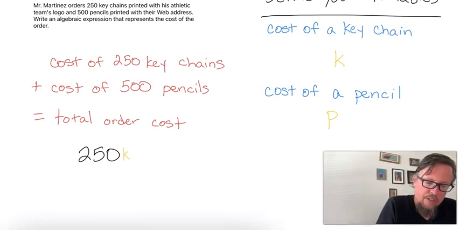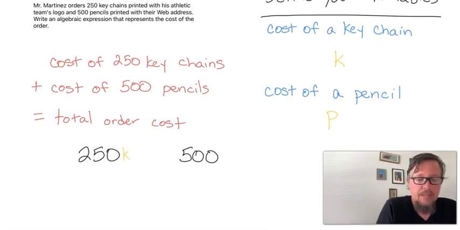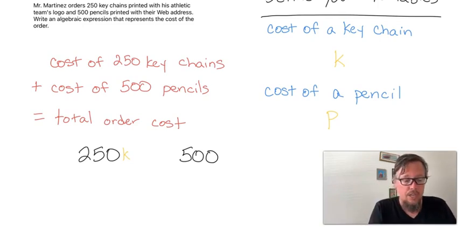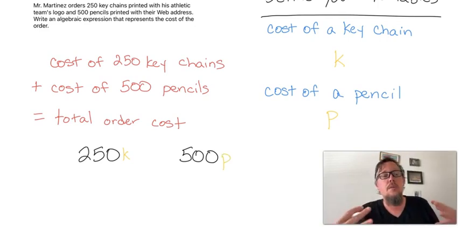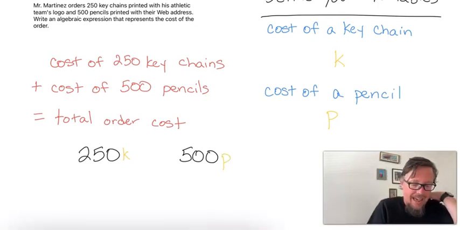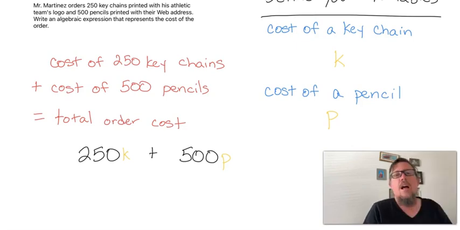If we take our 500 pencils and we multiply that by how much one pencil costs, our variable P, that will tell us the total amount spent on pencils. And if we add these two things together, that would give us the total cost of the order.